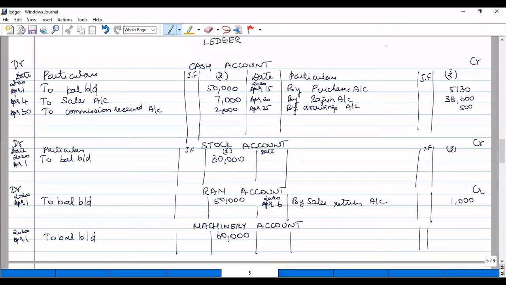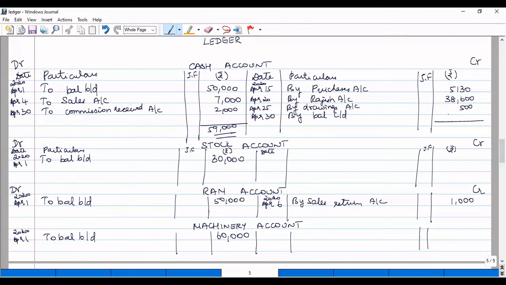To balance the account, first we have to total one side. So this side we have 59,000. So write the total first, 59,000. But on the credit side, we may not get 59,000 because we have some amount left over. So that balancing figure is the balance carried down.